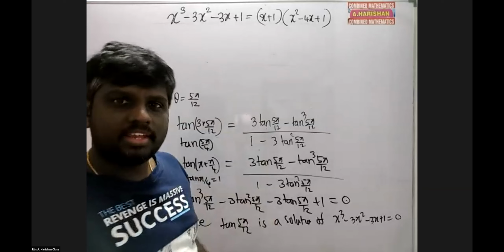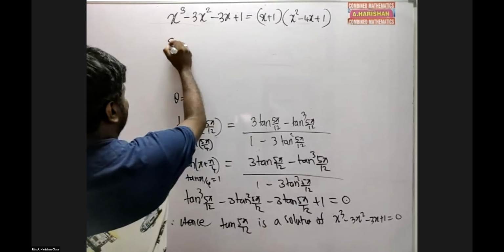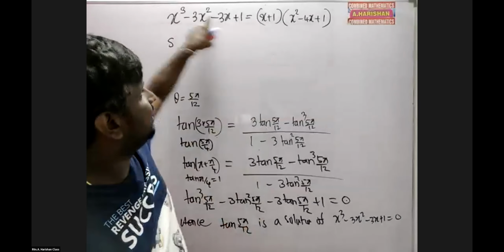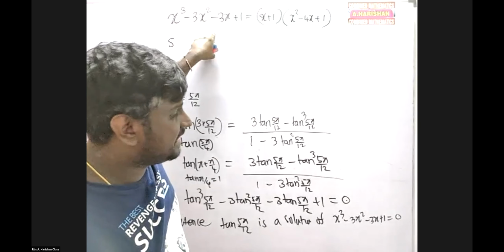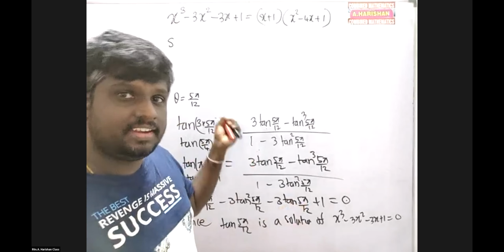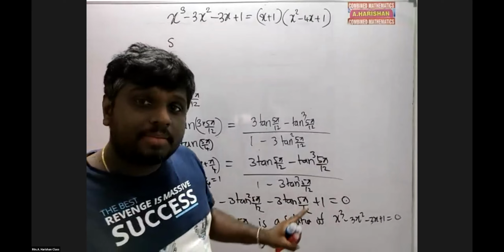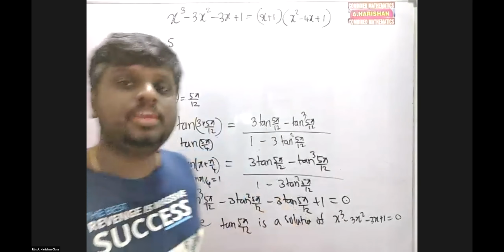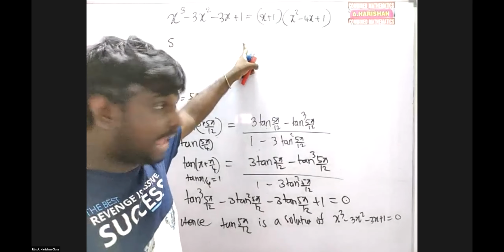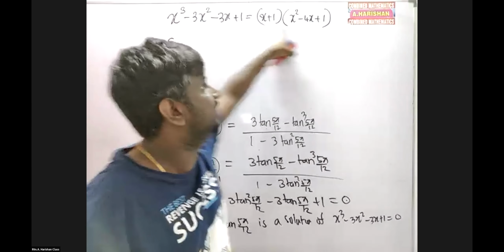So what we can do is factorize this now. For this equation, tan 5 pi by 12 is the solution. We have already shown that tan 5 pi by 12 is the solution to this equation. Then the same tan 5 pi by 12 is a solution to this equation also, right?